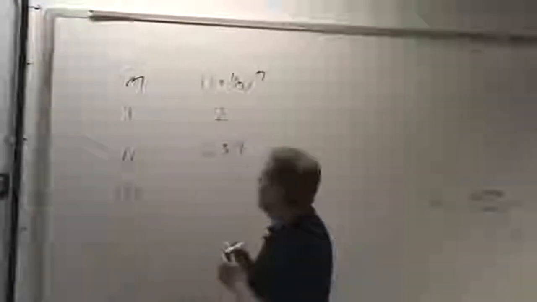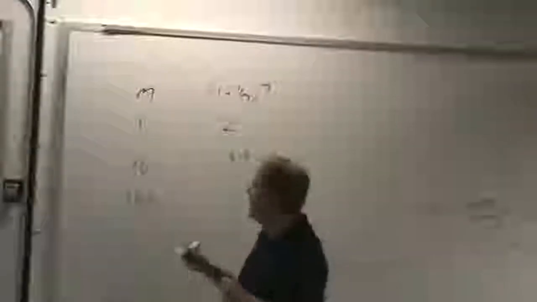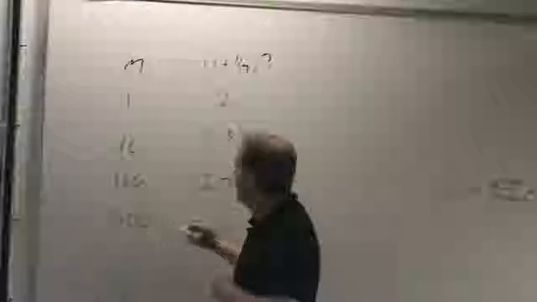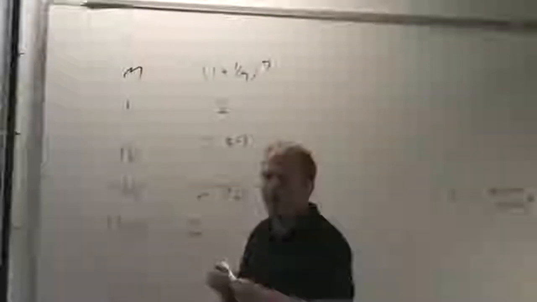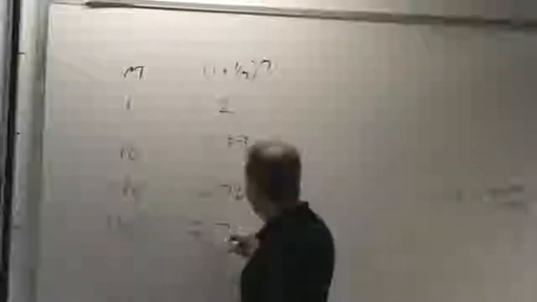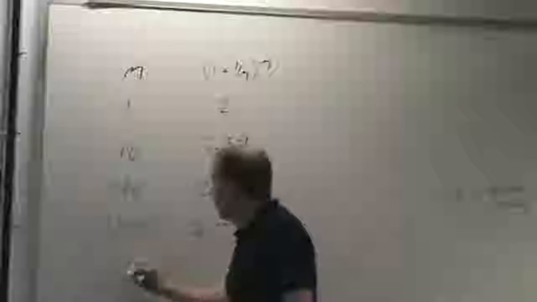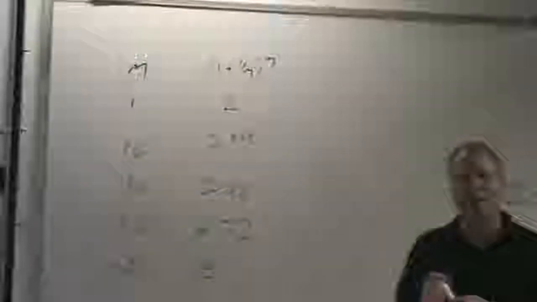What happens if you take it up to the 100th power? You get 2.70. Let's do one more. You get 2.72. Do you see where this is going? As m goes to infinity, we're going to get e, 2.71, that is the exponential.